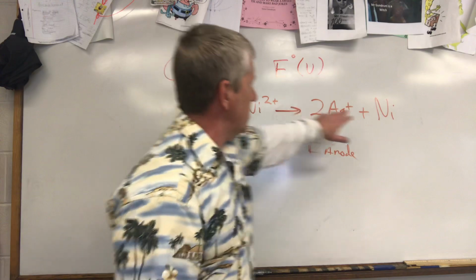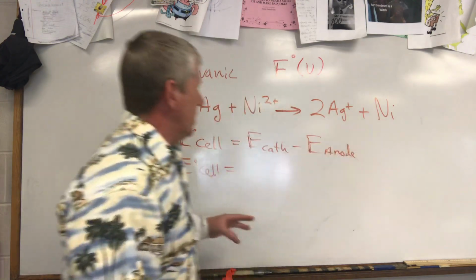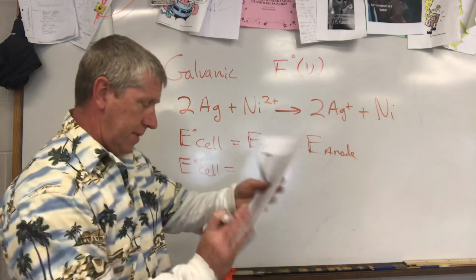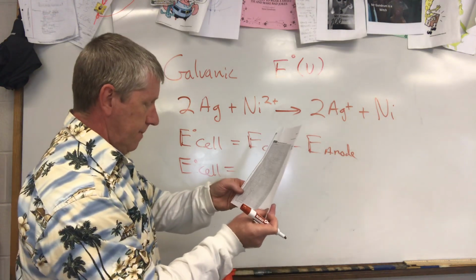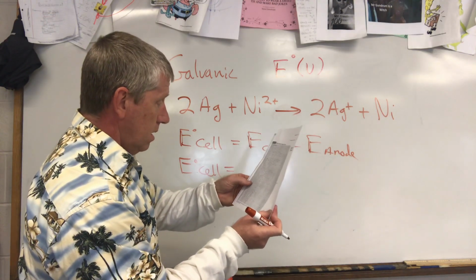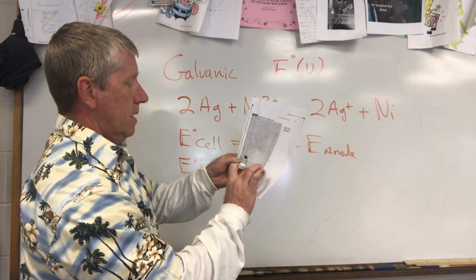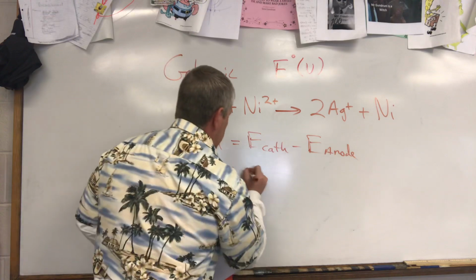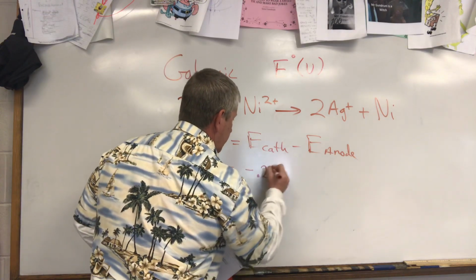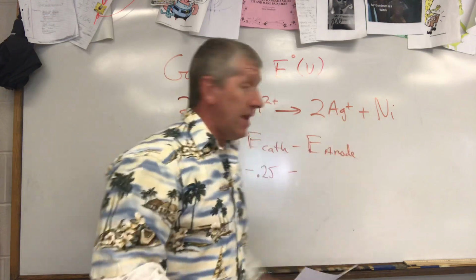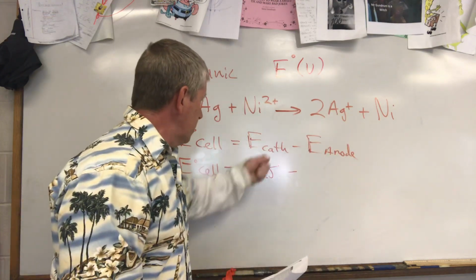It goes from 2 to 0. So I'm going to take the nickel's value and put it in this spot for the cathode. There you are. Read carefully, negative 0.25. So negative 0.25 gets put here because this equation said it got reduced, so I put it in the reduction spot.